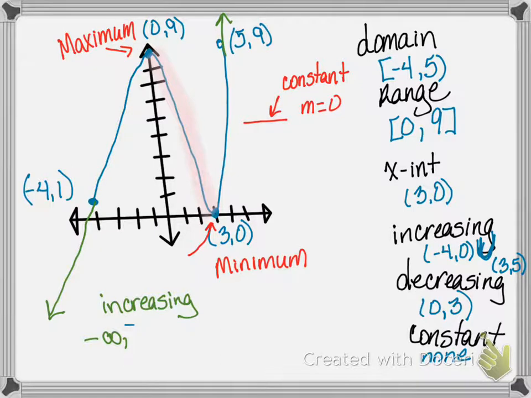Excellent. Negative infinity to 0. That's going to be my increasing. And where else is it increasing? Good. And we started at 3 right here. So it would be 3 to positive infinity. Excellent job there. That wasn't terrible. It does give us a little bit of fits, though.